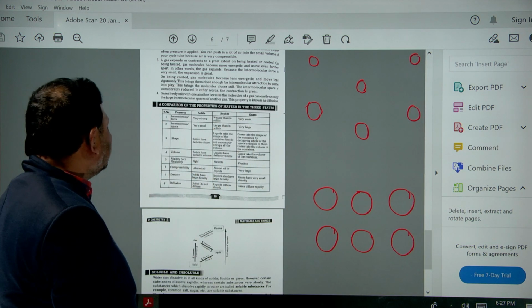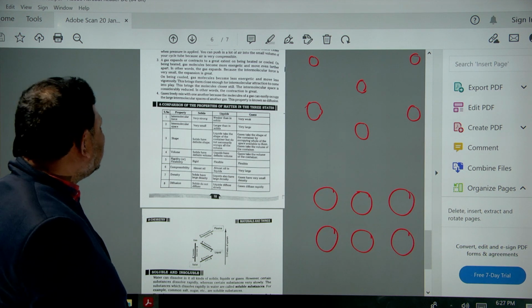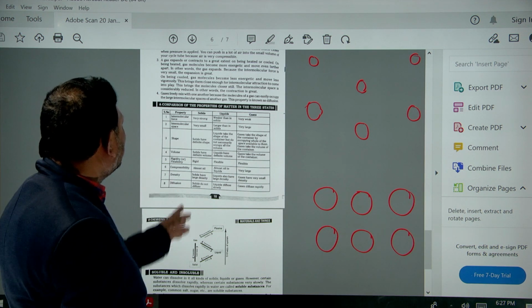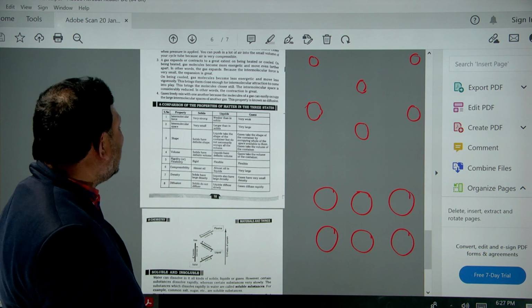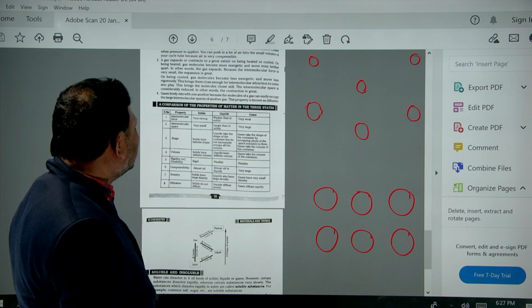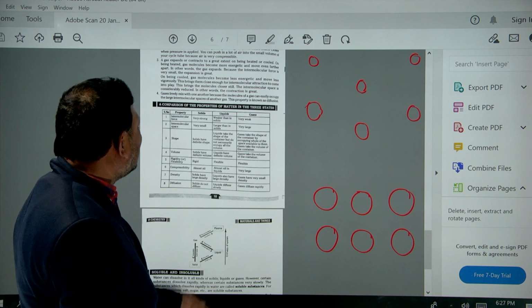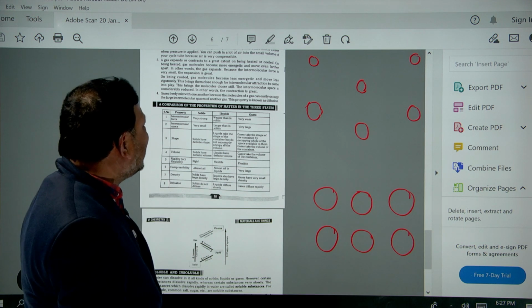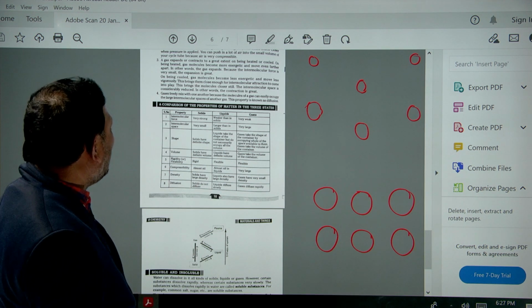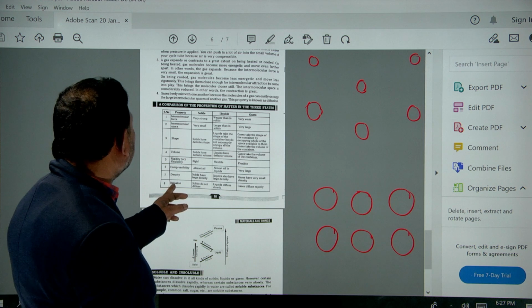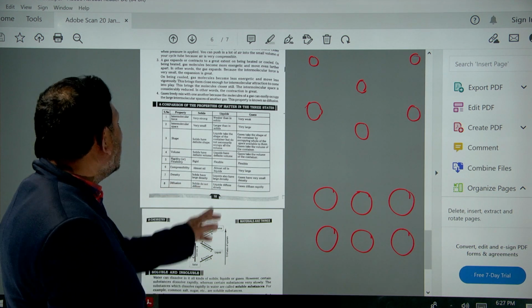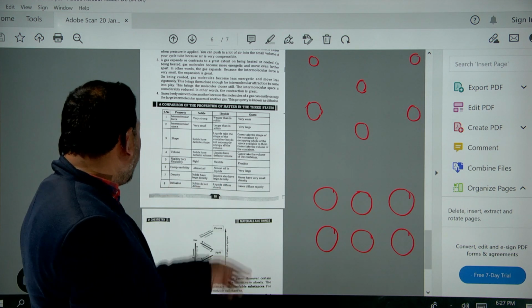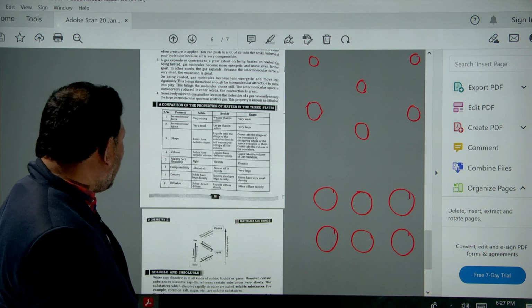Next is density. Solids have a large density, liquids also have a large density, and gases have a very small density. Diffusion: solids do not diffuse, liquids diffuse slowly, and gases diffuse rapidly.